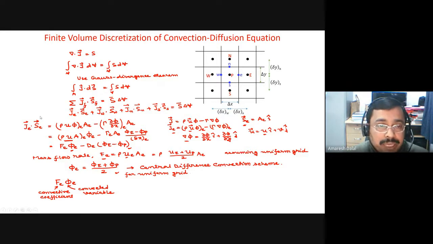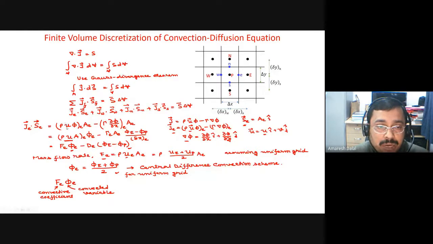So now J_e dot A_e, if we represent it, we have rho u phi minus gamma grad phi. Gamma grad phi we already know how we have discretized, but here rho u phi we have to consider. Rho u phi dot A_e, because this is the surface vector A_e. The velocity vector is u i plus v j, so if you make a dot product with A_e, you will get only small u, the velocity in the x direction.